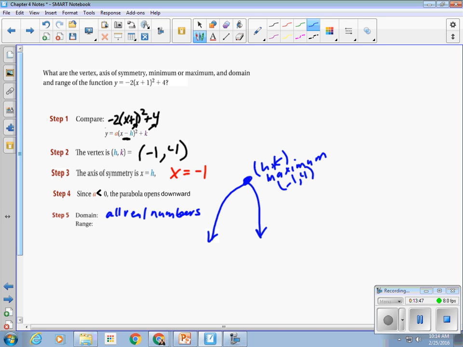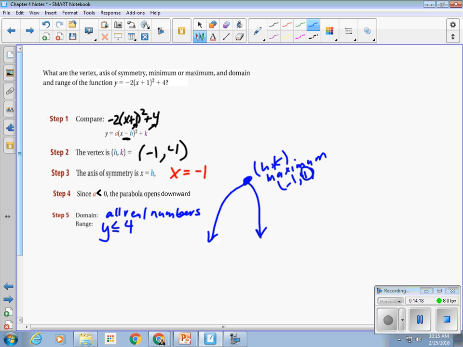The range of this function, now think about this, think about it logically. What is the maximum y value I will ever have? What is the very biggest y value? 4. So that's our maximum. So our range goes from y less than or equal to 4.